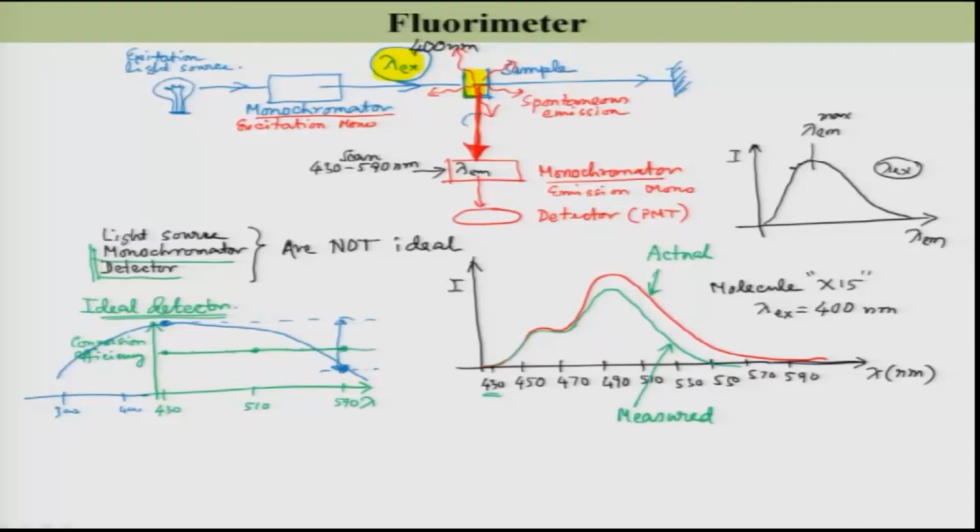That means, the true spectra over here, just after the sample, and the detected one, they are different. So, I have to do something to correct it, the spectra here and the spectra here, because this monochromator and this detector actually distort the spectra. So, I have to do something for the correction.